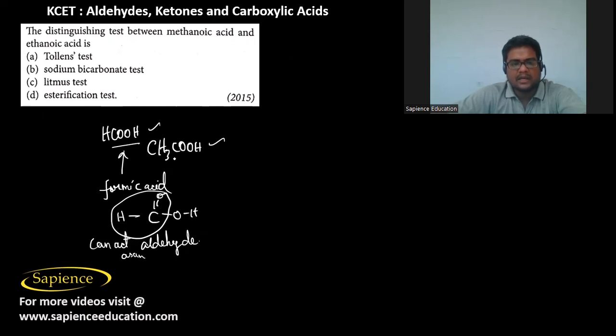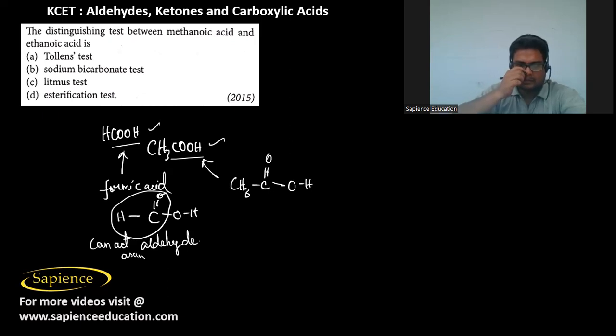But in case of acetic acid, which is ethanoic acid, it contains the CH3COOH group, so it can't act as an aldehyde, but formic acid can act as an aldehyde as well as a carboxylic acid.